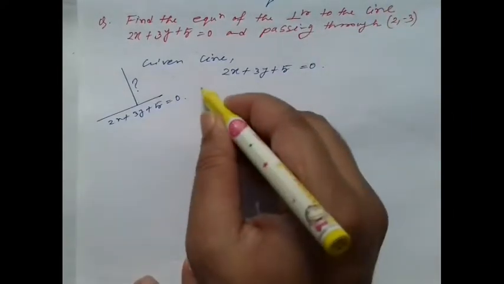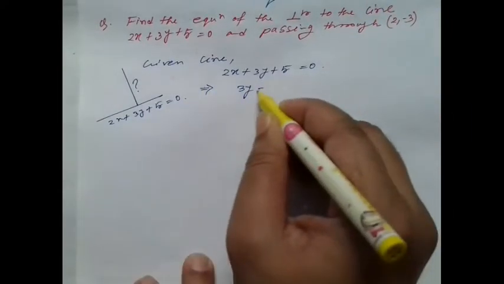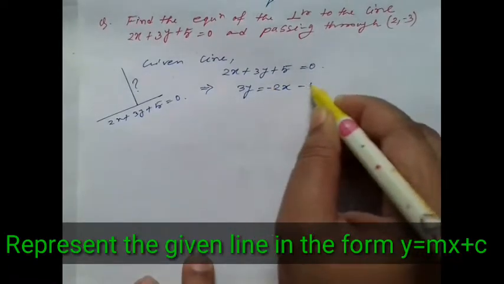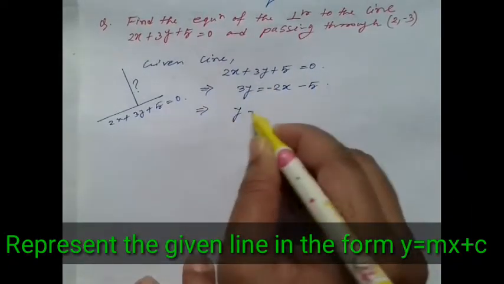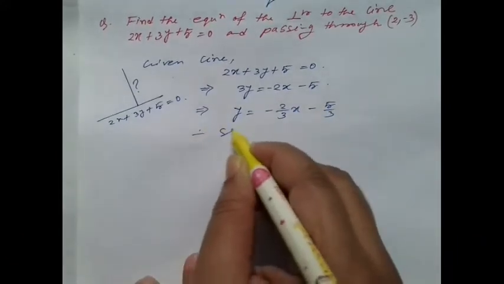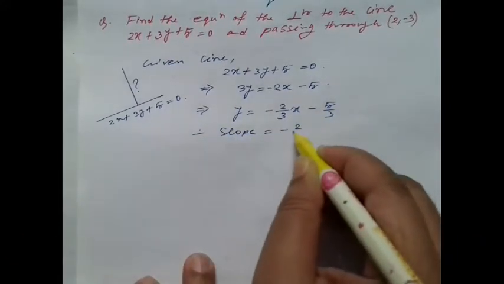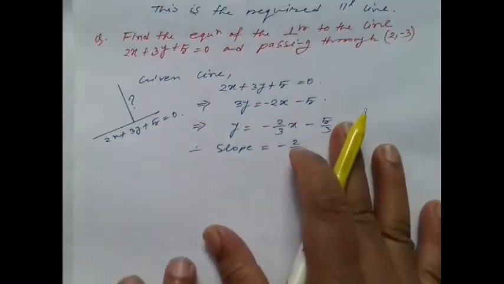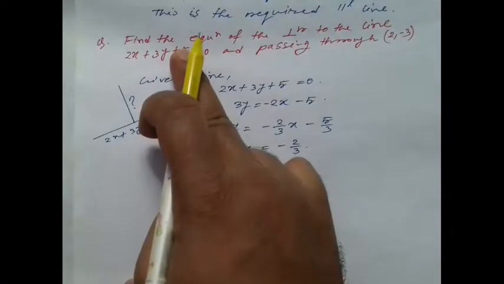So how to find? Let's write, implying 3y equals minus 2x minus 5, implying y equals minus 2 by 3 x minus 5 by 3, therefore slope equals minus 2 by 3. But we have to find the equation perpendicular to the line.